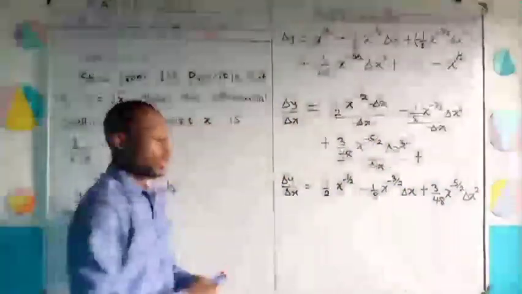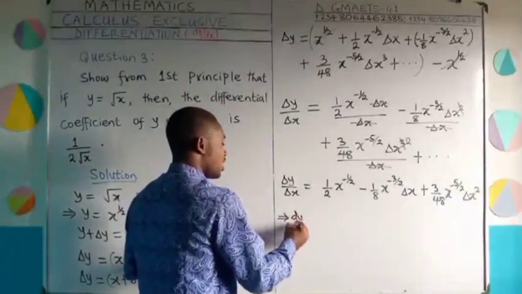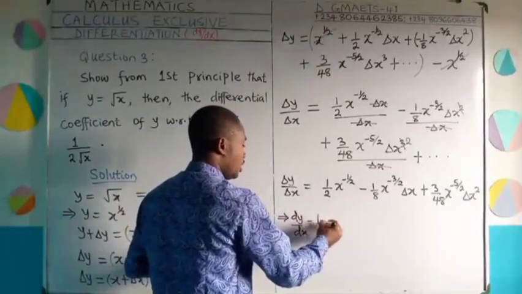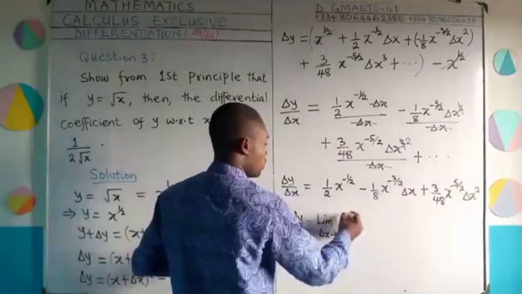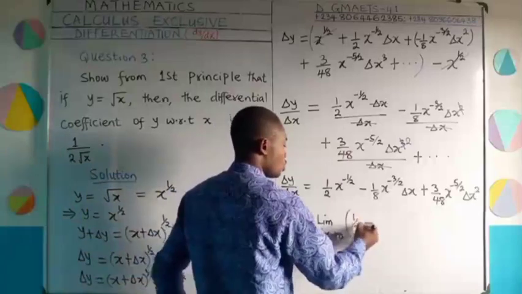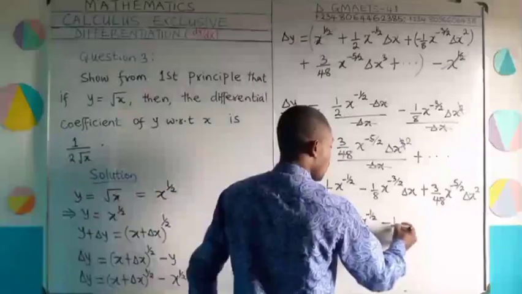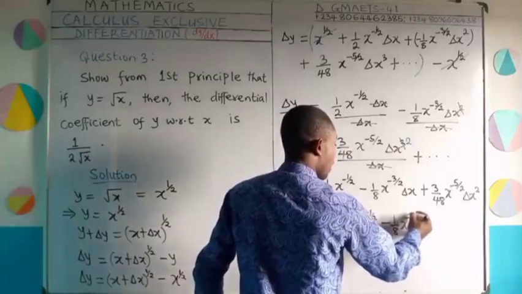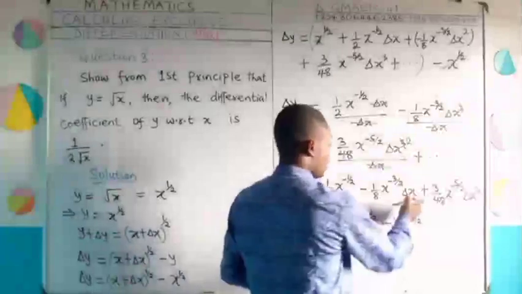Let us now take the limits to obtain our dy dx. It implies that dy dx is equal to the limit as delta x tends to 0 of all these terms. 1 over 2 times x raised to the power minus 1 over 2, then minus 1 over 8, x raised to the power minus 3 over 2. In fact, I have to fix up my 0 here now.